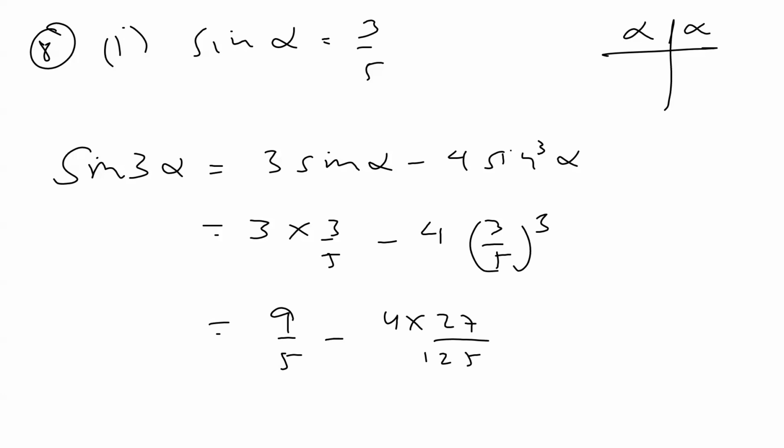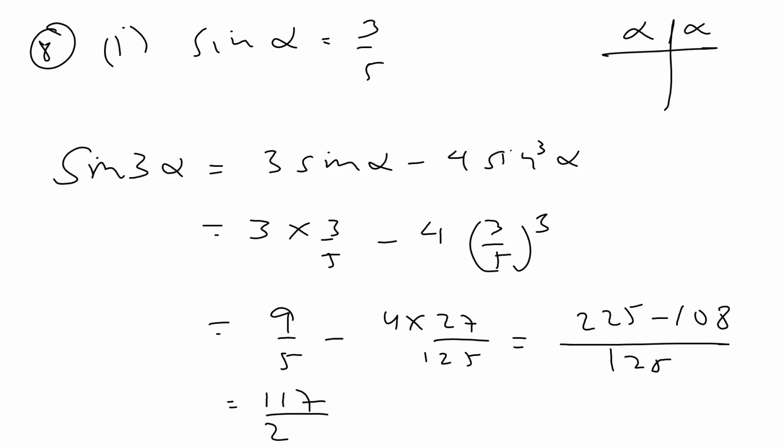So you can take LCM. 5 will be multiplied by 25 and 9 also with 25. 225 minus 108. That is 117 by 125.